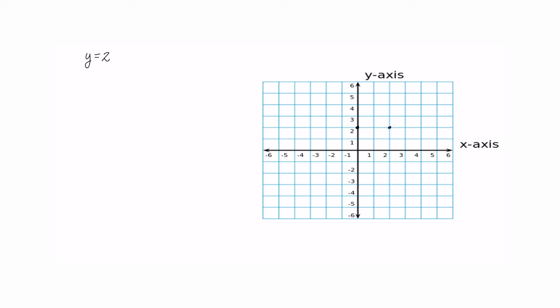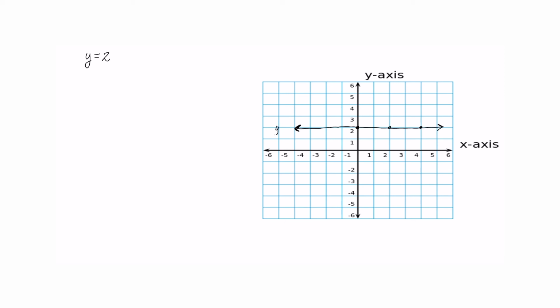I can pick as many points as I like along here, as long as they are on the y value of 2. This is what we call a horizontal line. Now you notice this horizontal line has no rate of change. And by rate of change we mean the amount of rise over the amount of run. So this has 0 slope. It's a flat line.